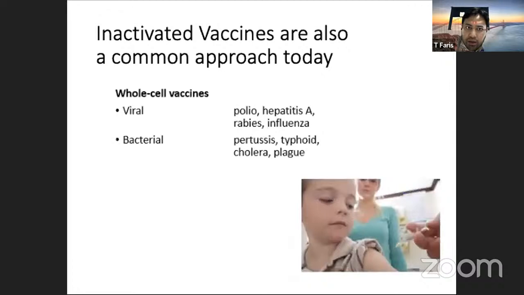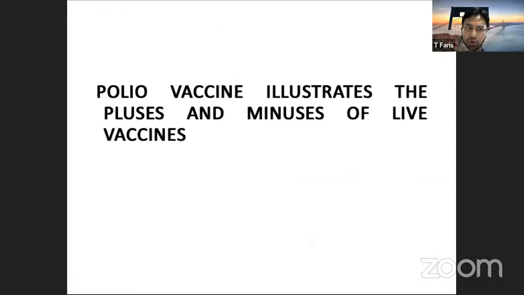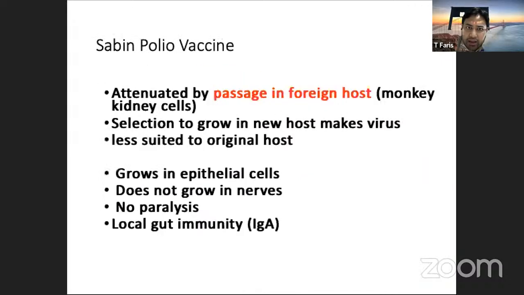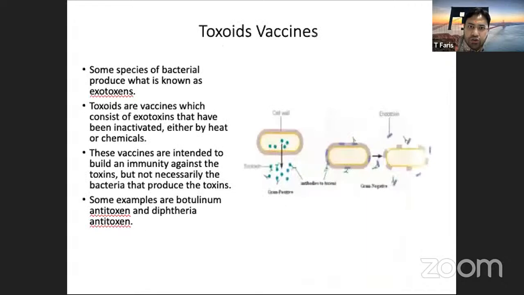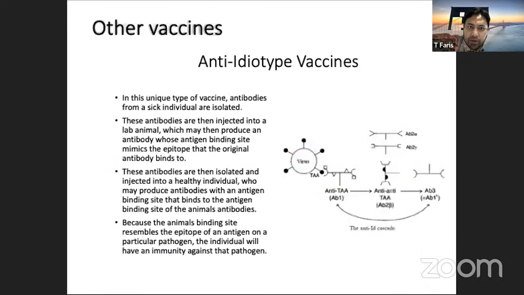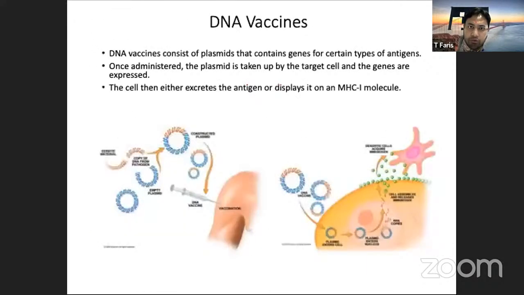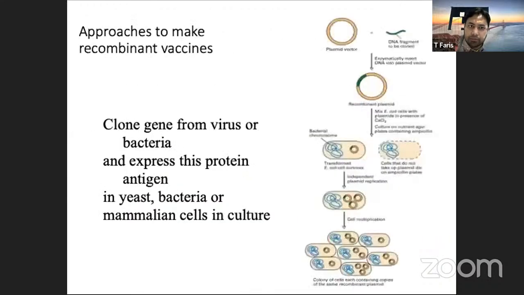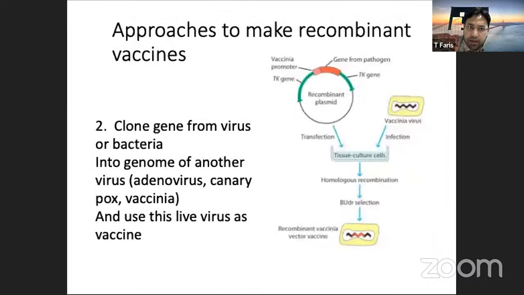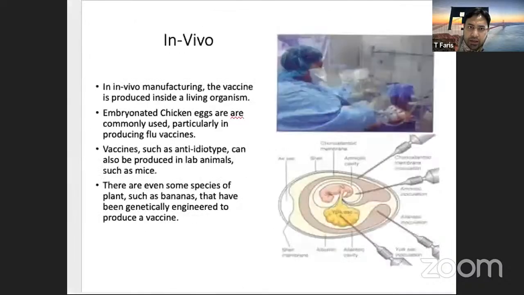What are the whole examples of the whole vaccines? Okay, I put in the Sabin polio vaccine for you to see the pros and cons. I keep on repeating the different types of vaccine just to recapitulate what I have said earlier.